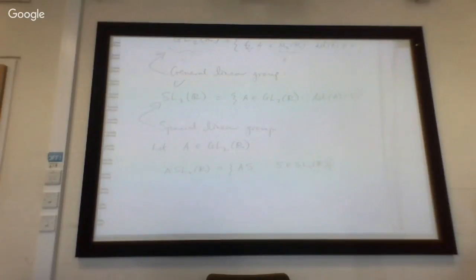Okay, well, we've just written out the definition of the coset.